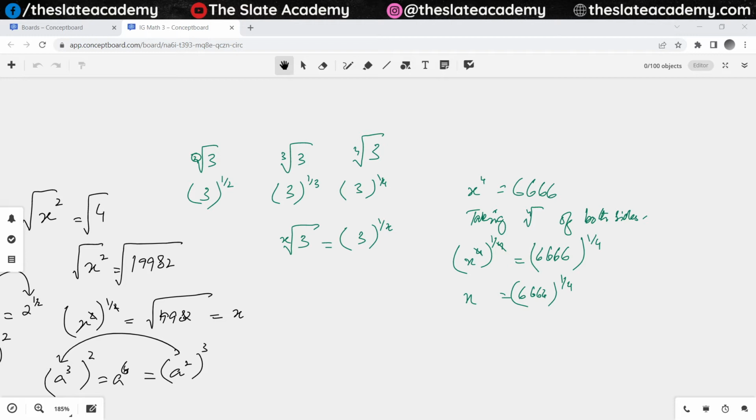Acha, the other way to write this, if you wanted to write in this form on your calculator, 4th root of 6666, you can do that too. For that, you'll have to press shift and that x raised to the power box.